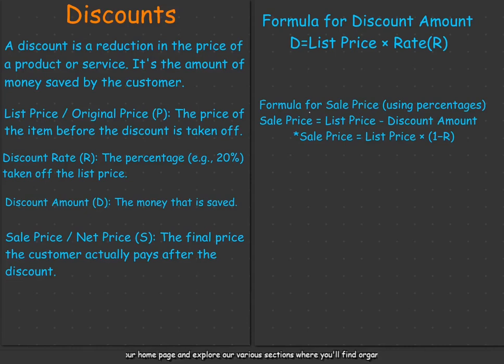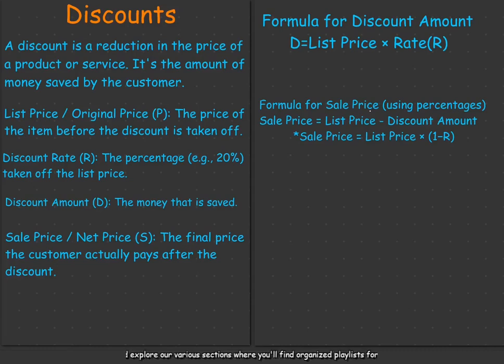Then the second one is the formula for sale price. After the discount has been removed, how much are we then supposed to pay? Say initially you were selling something at $10 or cedis or what have you. Now you discount 20%. 20% is actually $2 out of the $10.